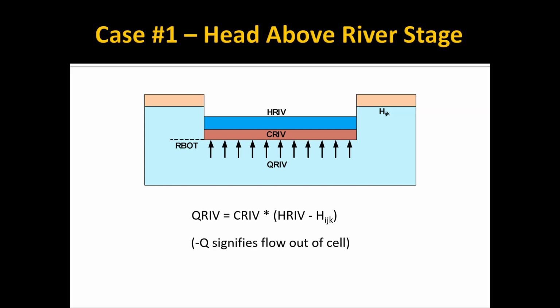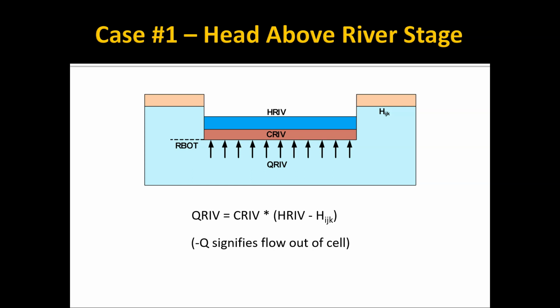You'll notice that it's HRIV minus HIJK. Once again, that results in a negative head difference, which results in a negative Q, which is the proper sign because the flow rate is always defined from the perspective of the aquifer. And so a gaining river would require a negative Q coming out of the aquifer.